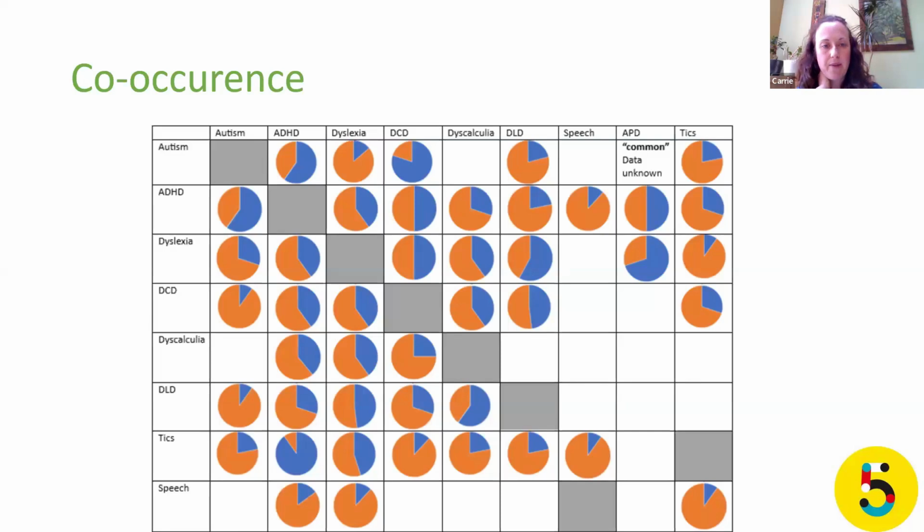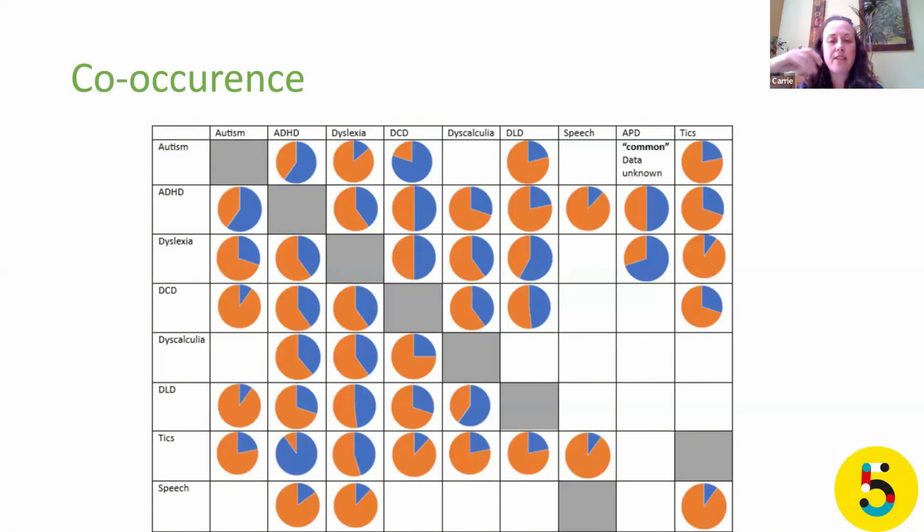So the table that we've got displayed has come from some research carried out by Birmingham University. In that, they've identified where those co-occurrences have occurred. The blue sections show the chances and how likely there is to have a co-occurring condition for a young person.